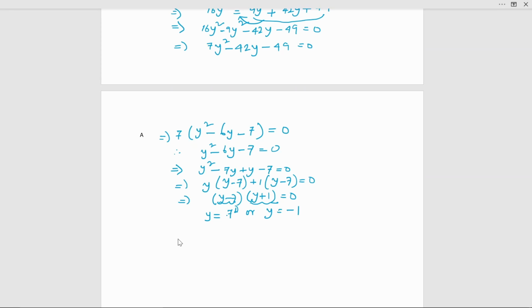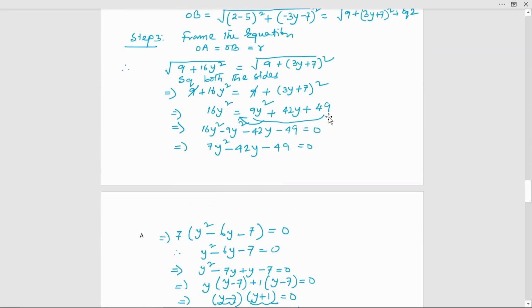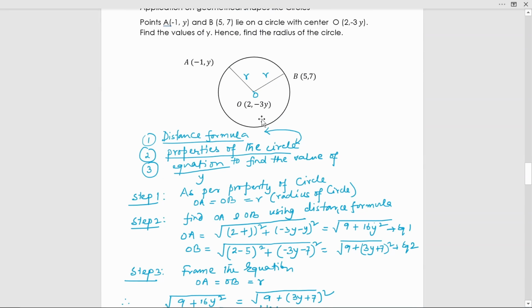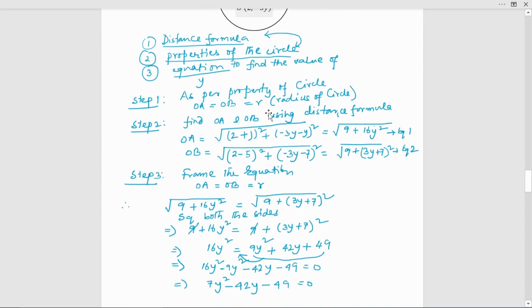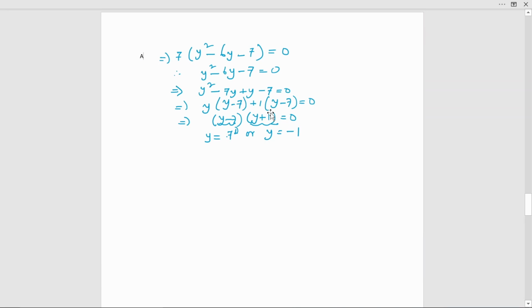So therefore, what is the center? If we see, the center is 2 and minus 3y. So there are two situations where I have two different centers.